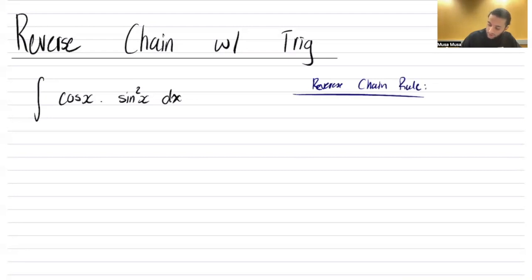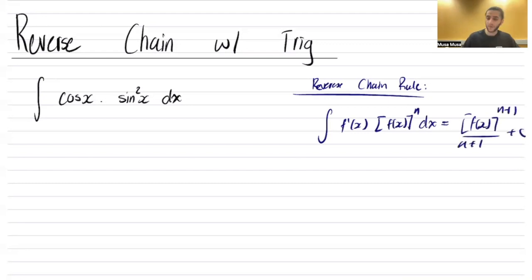we know the integral of f dash x times f of x to the power n. There you go, that's that. So now you just have to recognize what your function is and what your f dash x is. It's clear here that sine x is the function.